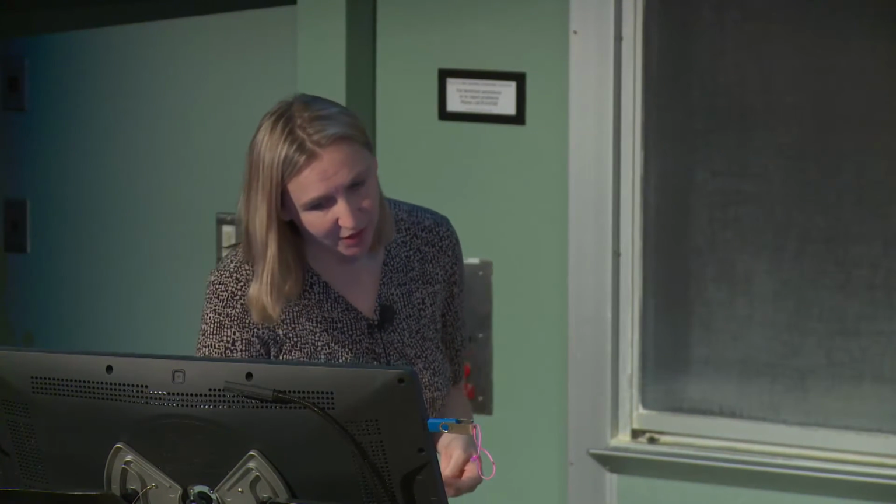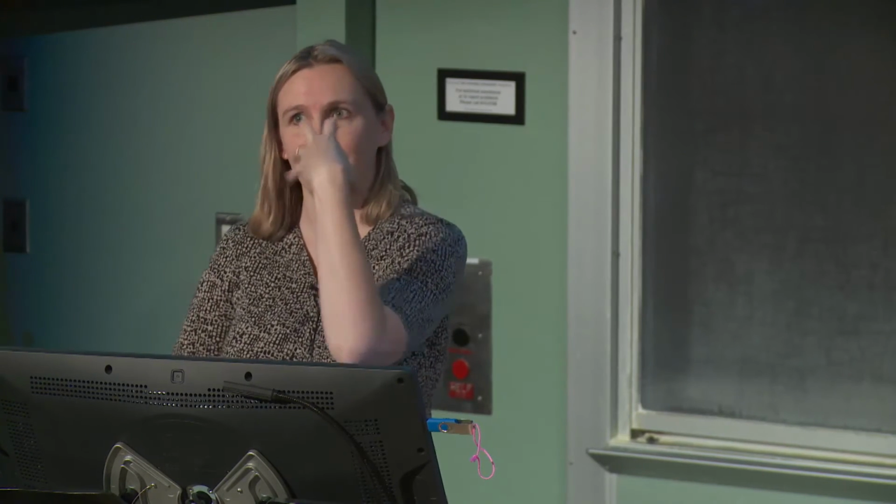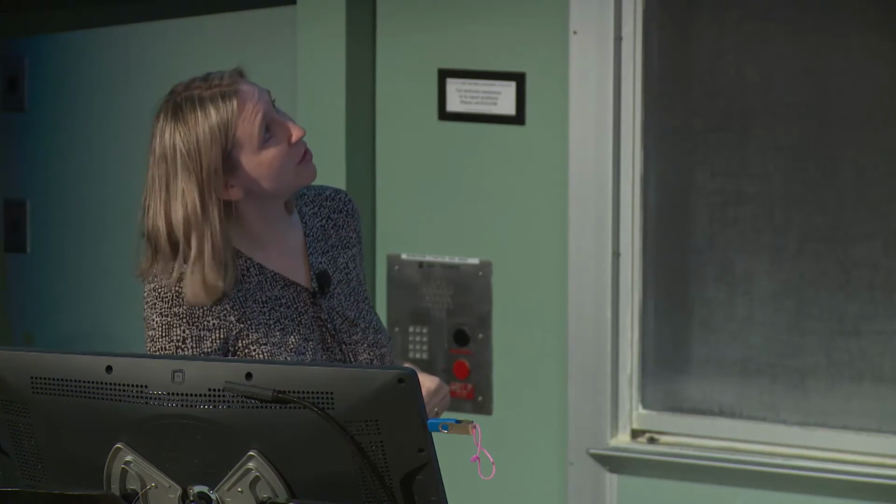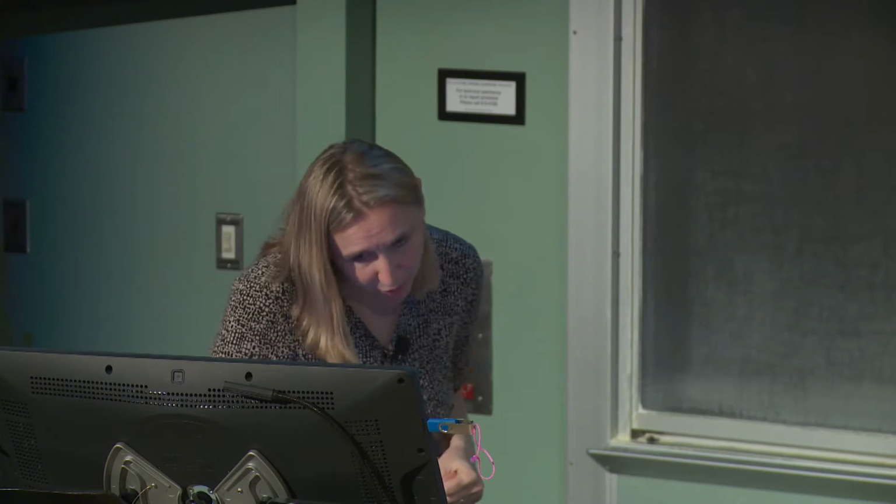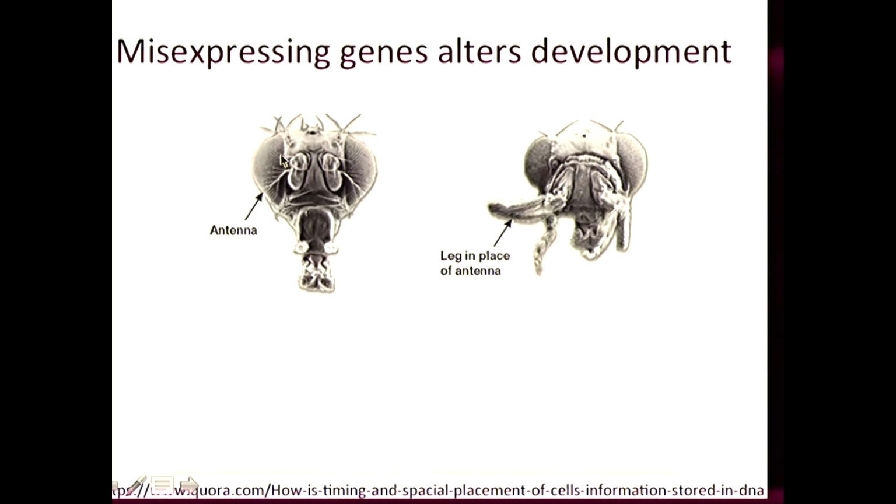So in this particular example, this is a close-up picture of a fruit fly's head. That's what you're looking at there. So these are its two eyes. An eye here, an eye there. These are the antennae. This is the proboscis, or sort of the mouth part.